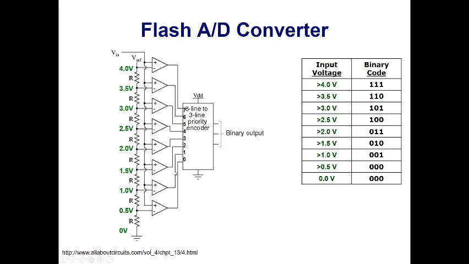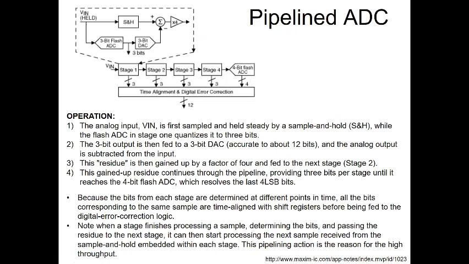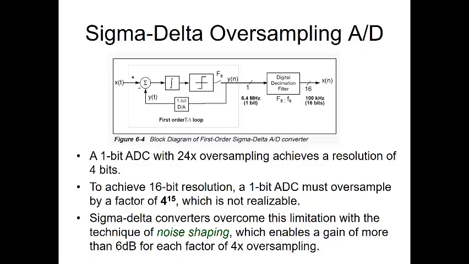So these are extremely fast, but also extremely expensive and hard to make in very high resolution. So these will typically be maybe 8-bit conversions, or possibly 10 bits for really expensive ones. And people have dreamed up a number of different hybrids that are partially flash with some sequential processing to make some intermediate speed ones. So there's a number of different architectures.